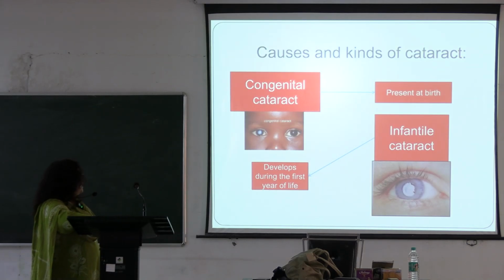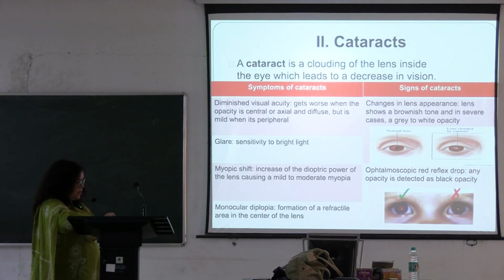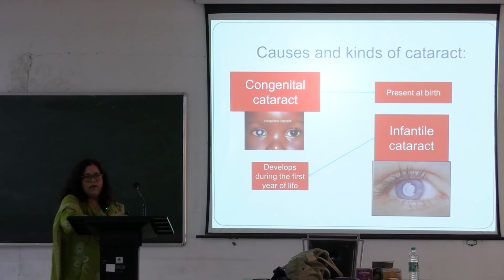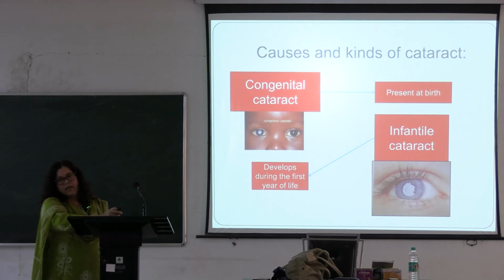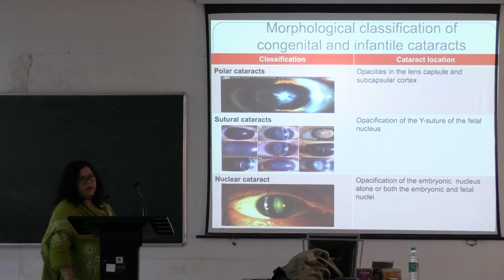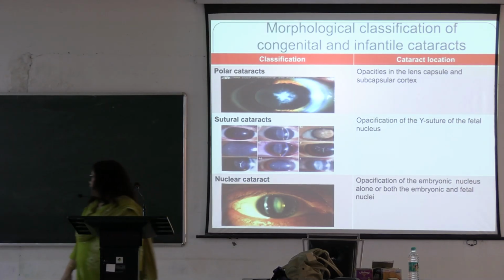Congenital cataract is present at birth. Infantile cataract occurs in the first year of age, and after that, a cataract that forms is called developmental cataract. Developmental cataracts appear after the age of 1 year. And congenital cataract also has many kinds.